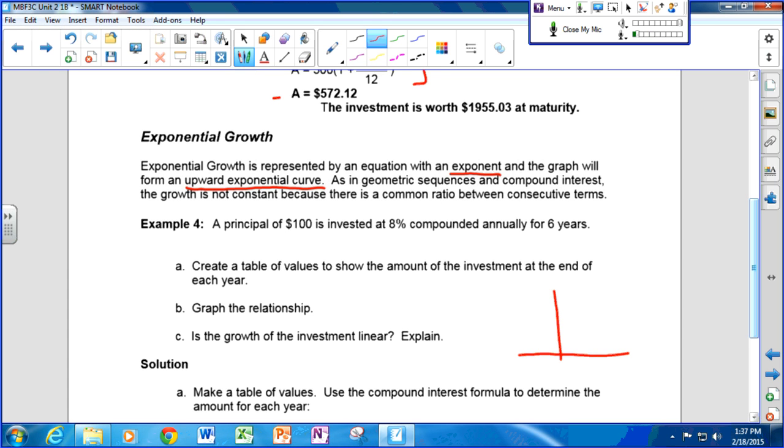Let's just kind of draw that out. There you go. There's an upward exponential curve. You notice that it's curvy, right? It's curvy, and it's going up very rapidly. Okay. If you watch science fiction movies, zombie attacks, or some plague or something like that, you'll see that they like to show these exponential graphs.